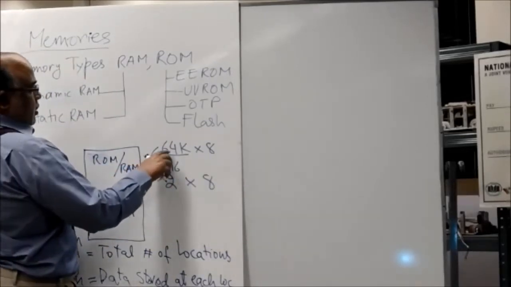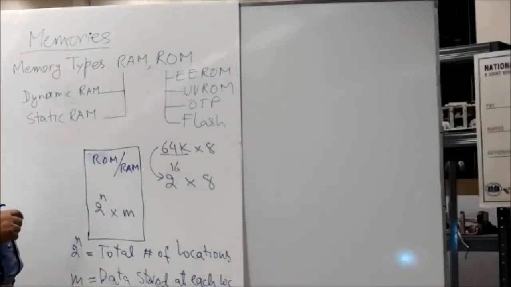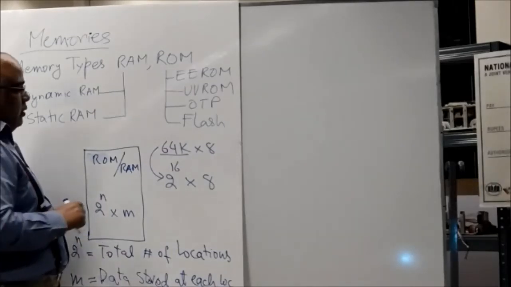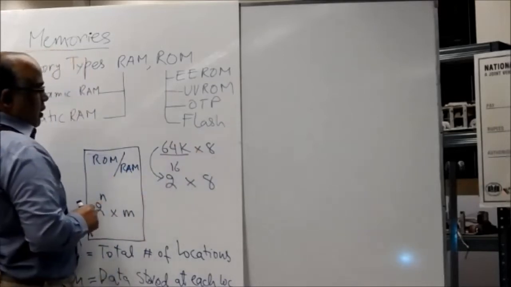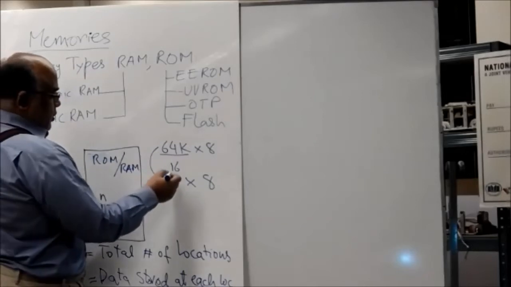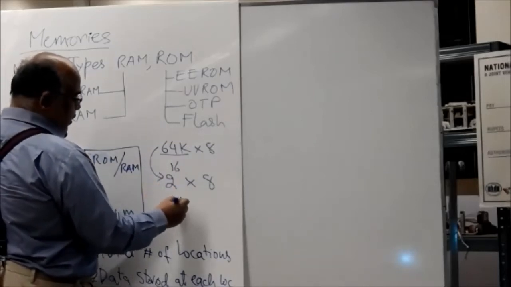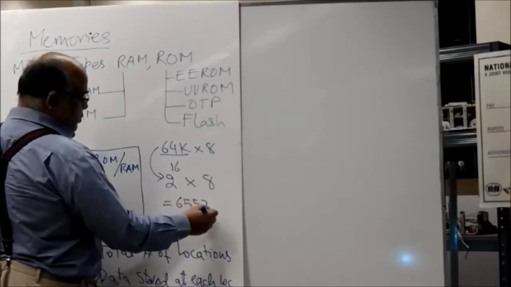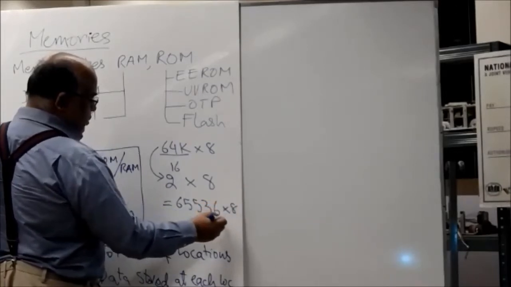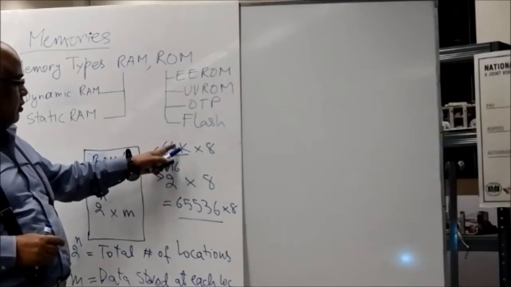So roughly 64,000 locations, and each location has a data storage capacity of 1 byte. 64K is actually 2 raised to the power 16, which equals 65536, multiplied by 8. So you can see that there is a difference from 64K.